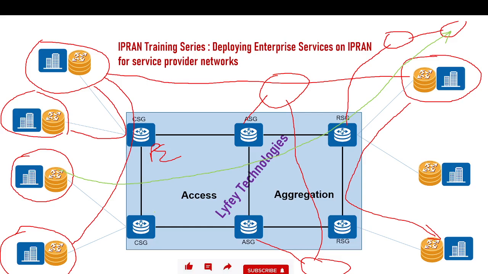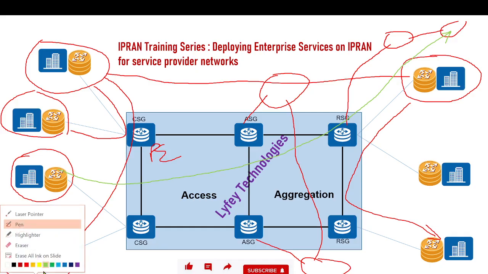I mentioned that we have two types of services. One is where we have point-to-point connection, and another one is where we have point-to-multipoint connections. So many times you find that they are point-to-point connections. This is customer A. Let me use a different color.